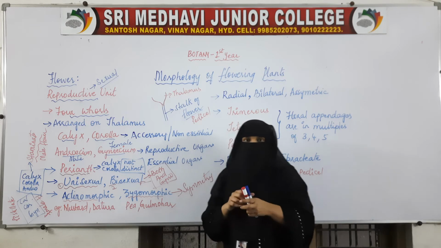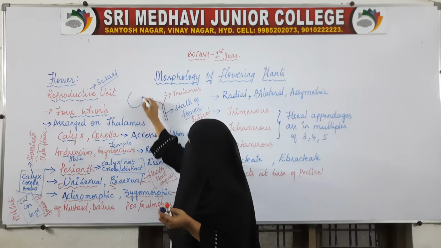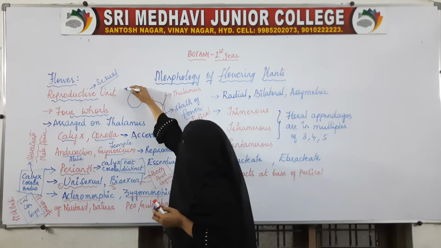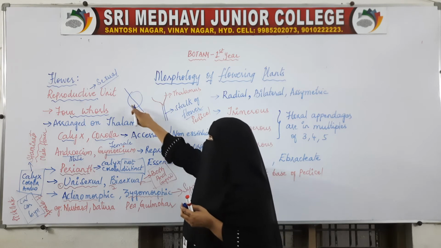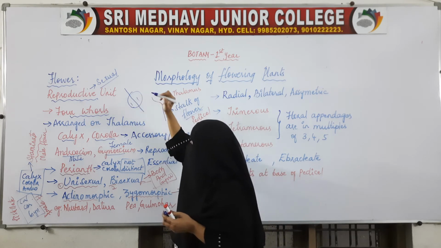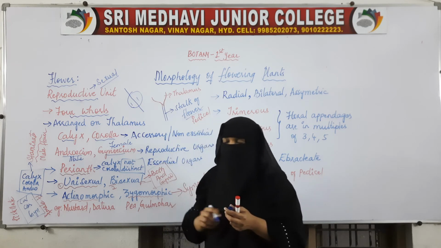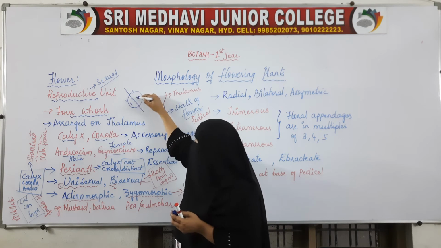For example, if you take a flower and cut this flower like this, whatever things are here should be the same here. If it has one calyx, it should have one calyx here also. If it has one corolla, one corolla.